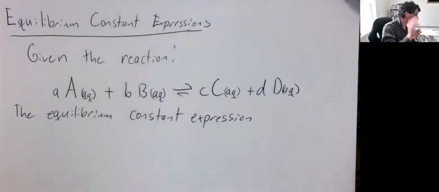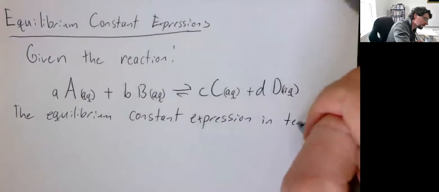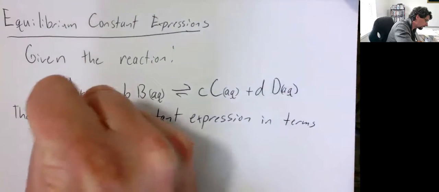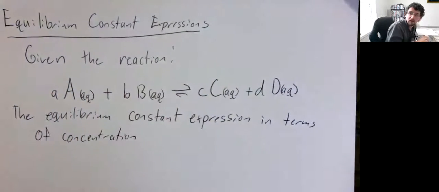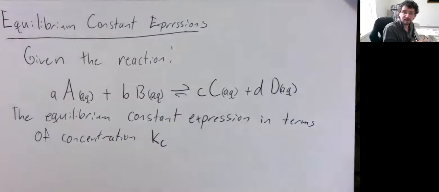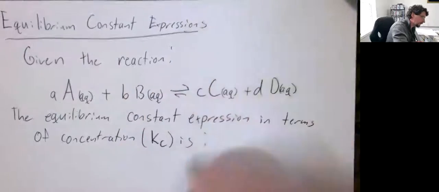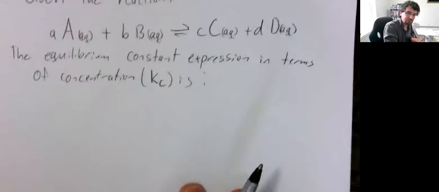In our case, we're going to keep it in terms of concentration. And a lot of times in your books, you'll see K sub C, where that C stands for concentration.